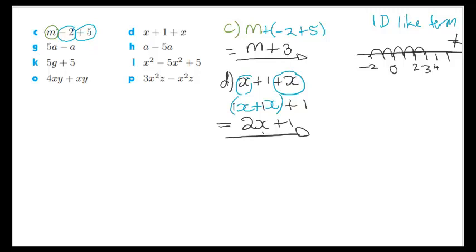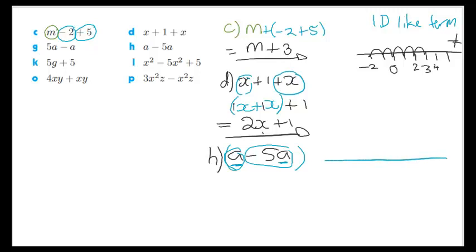Let's look at question H. A minus 5A. I'm looking for like terms. I've got an A there, so I'm going to circle all of that, and I've got an A there, so I'm going to circle all of that. So they are like terms. I can add them together. So A minus 5A, let's do a number line.